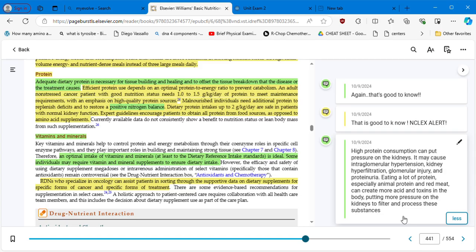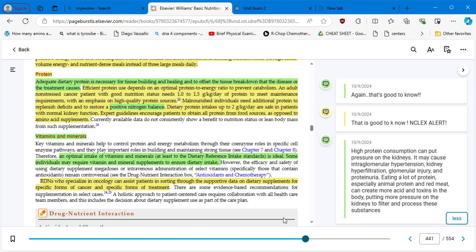Seriously, I've seen patients that are eating steak, breakfast, lunch, and dinner, right? And who knows if they have the budget to buy grass-fed red meat. So they are putting their kidneys in danger.